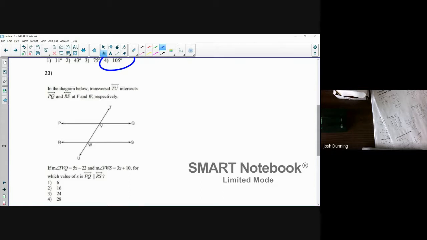23. It says, we have a transversal and we got 2 lines, PQ and RS. Now, the question down here says if TVQ, so that's this one, and VWS, where's that one?